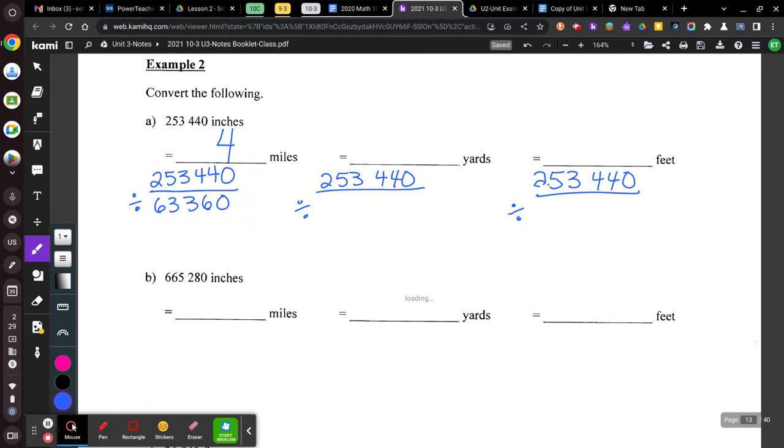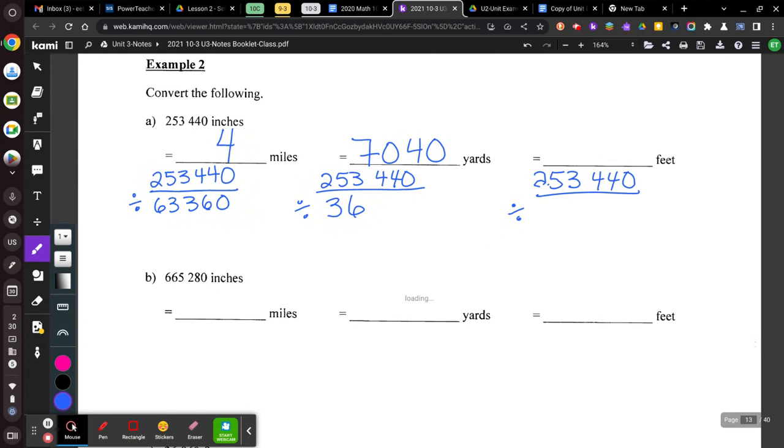Okay, so 4 miles takes a lot of little baby inches to make that long. Okay, yards, we're dividing by 36, because we're going inches to yards. So find inch to yard, 36. And we're going down. So that's going to be 7,040 yards.